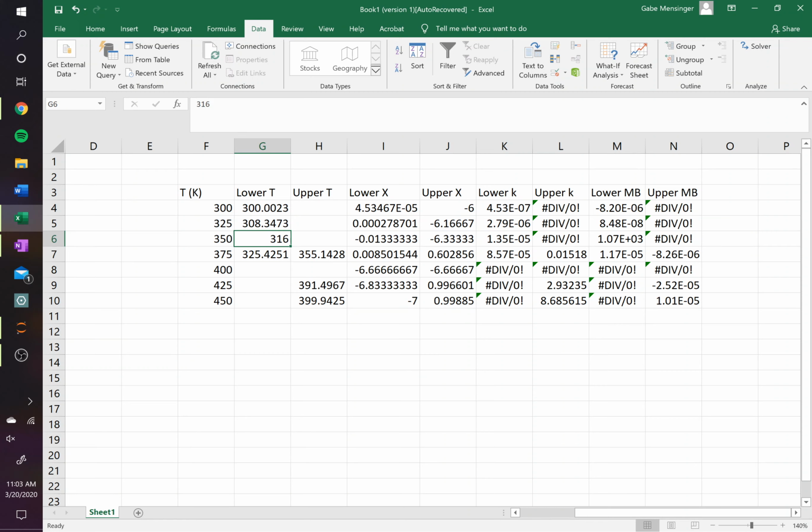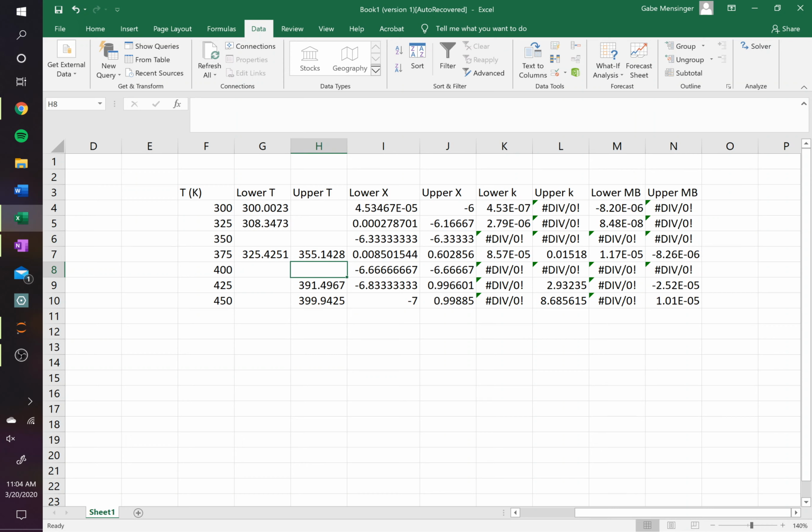Since it went up about 8 degrees, it might go up about the same amount next time, so you can use that to guide it. And the same way over here, we decreased about 8-ish degrees from 450 to 425, and then for 400 it might decrease about the same amount again.